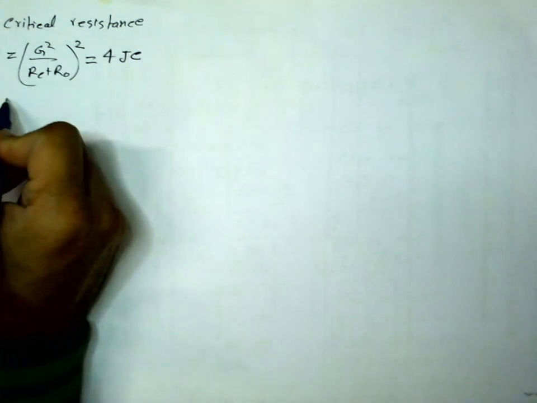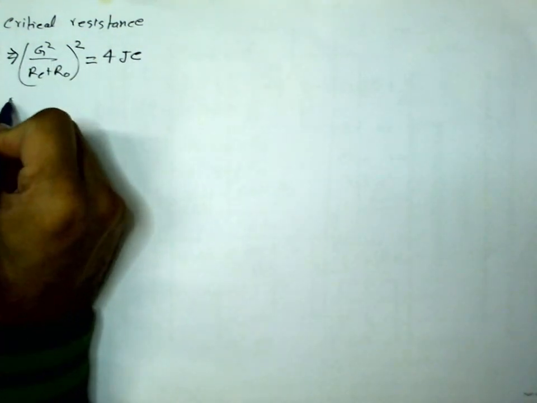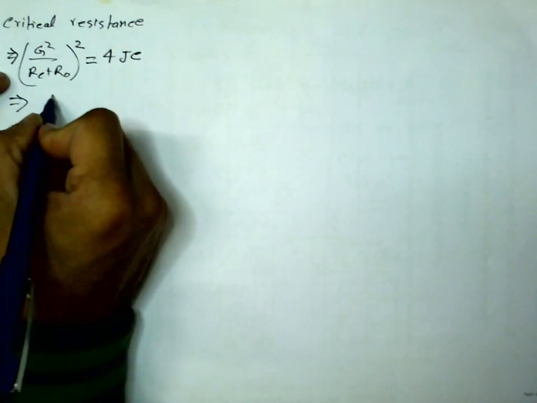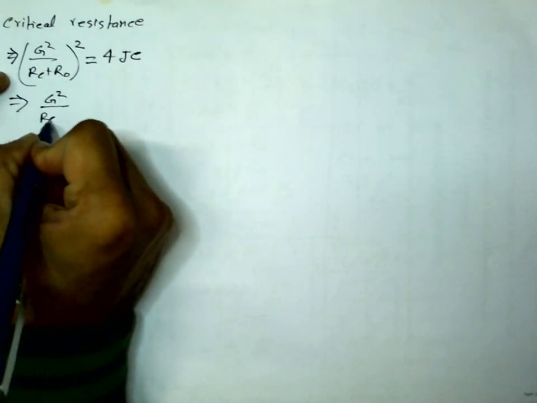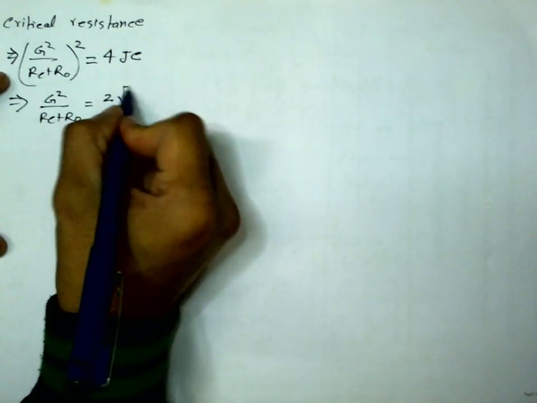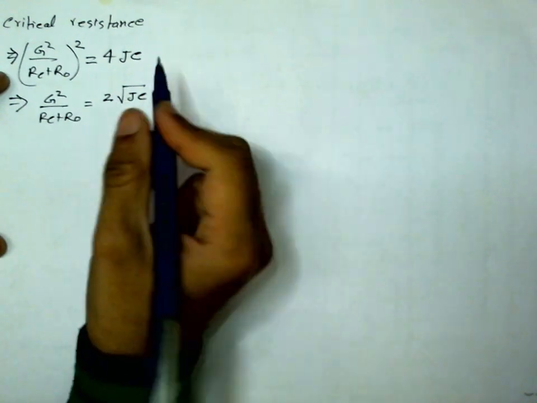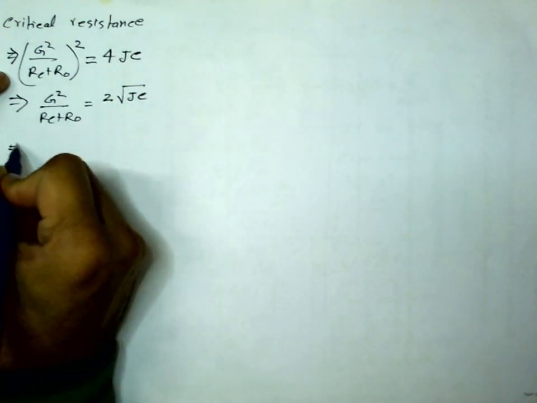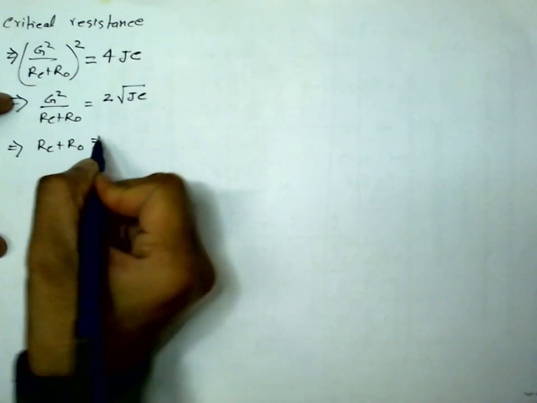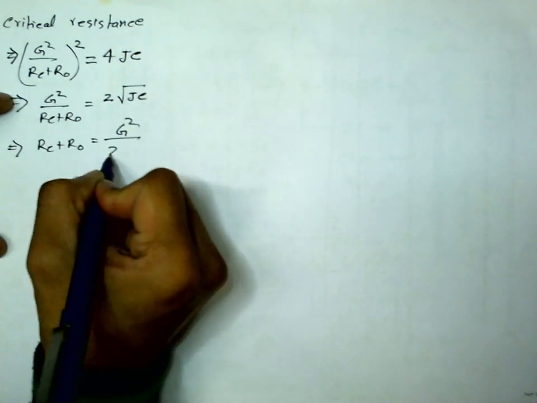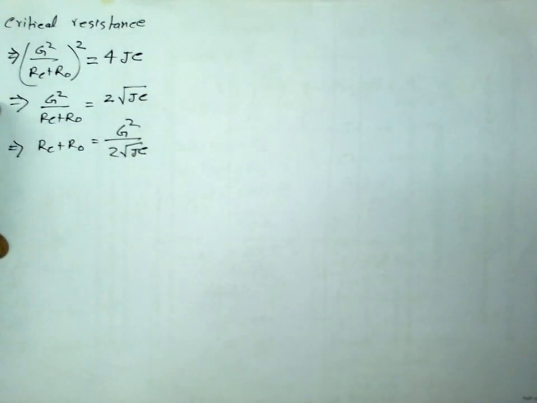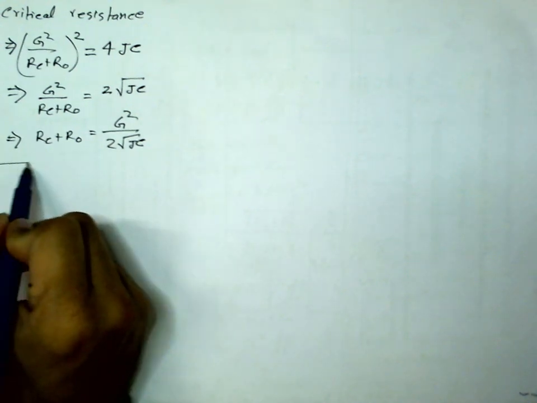So this implies that G squared by (RC plus RO) is 2 root JC, and this implies RC plus RO is equal to G squared by 2 root JC. Okay.